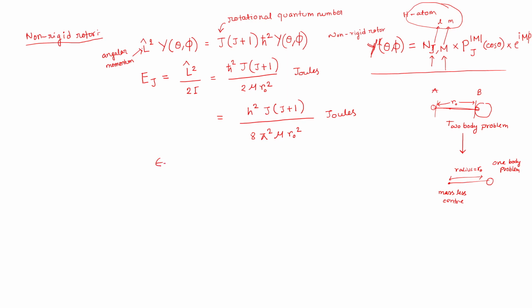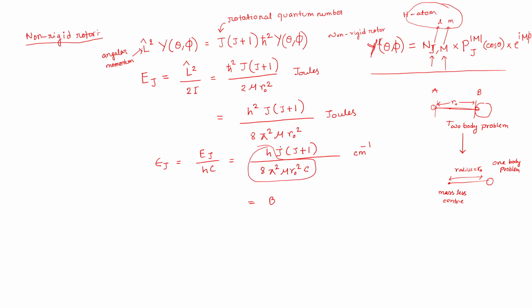I think I am repeating what was taught. This is going to be hcB times J into J plus 1. I am writing it here because it will be easy for me and you to remember what the rotational constant B is. It is h over 8 pi square mu r naught square c, and the unit changes to centimeter inverse. This part is the rotational constant.